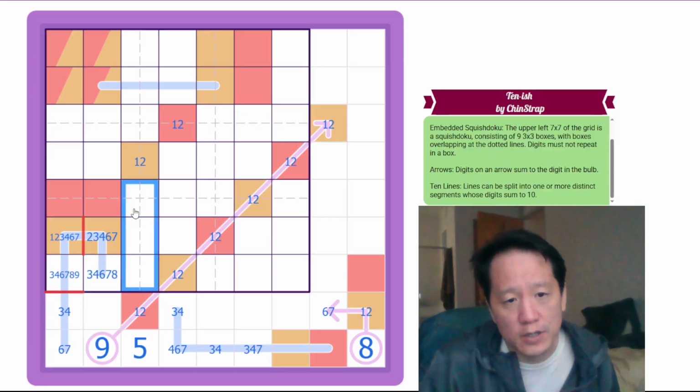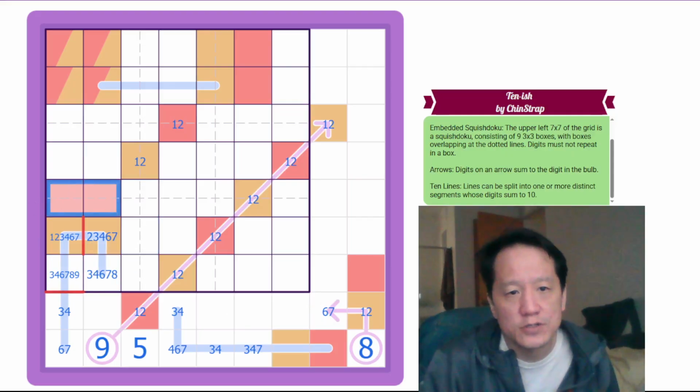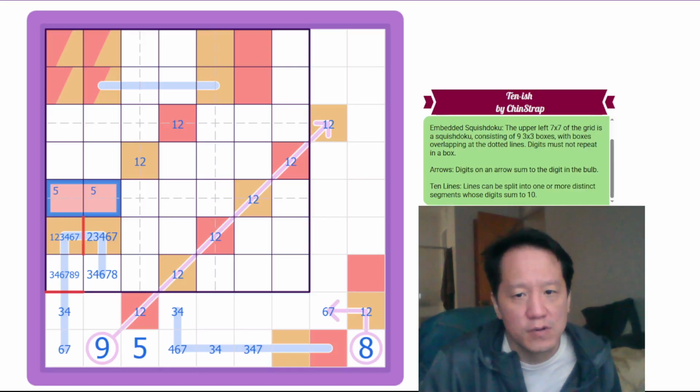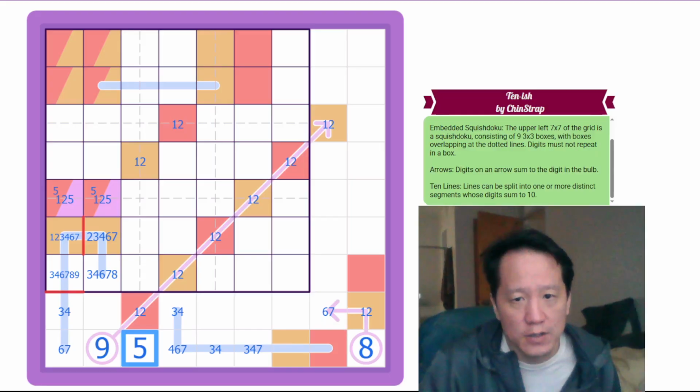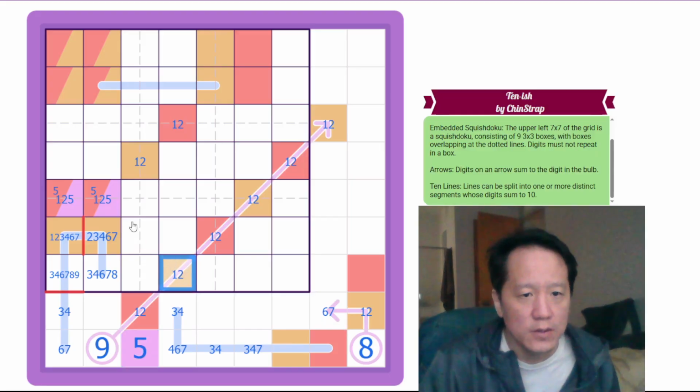5 cannot appear here in box 7, so where is the 5 then? It has to be here. So this is 5 and the other 1, 2. So we'll mark that as pink. Okay. That means this must be the 8 or the 9 that adds up to 10 with the red.